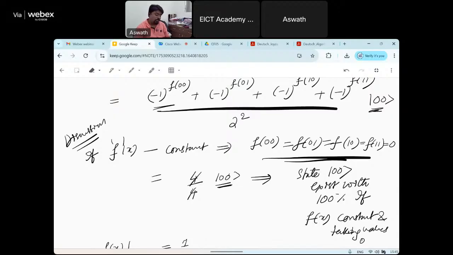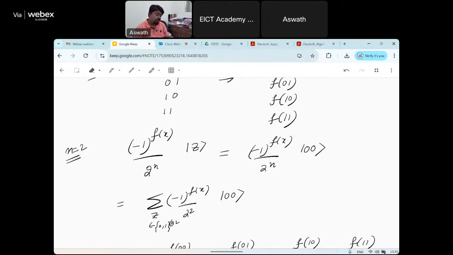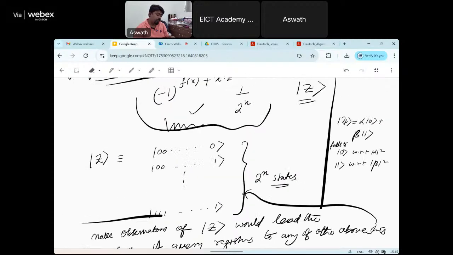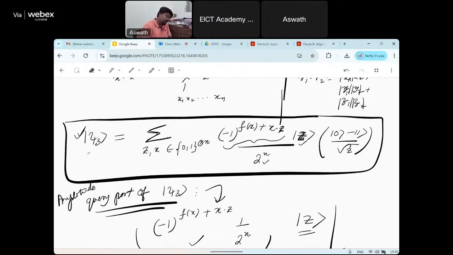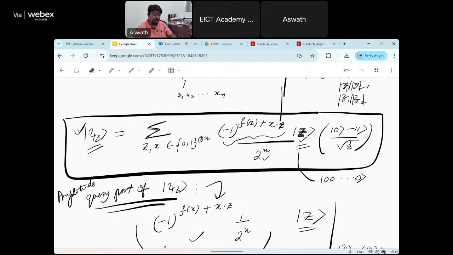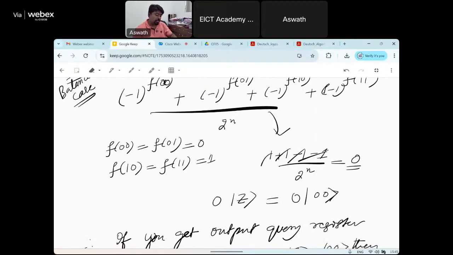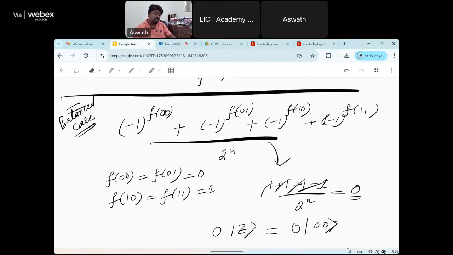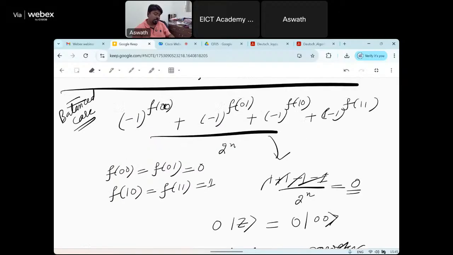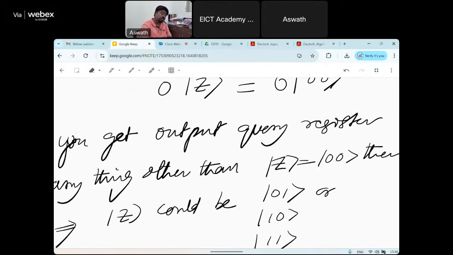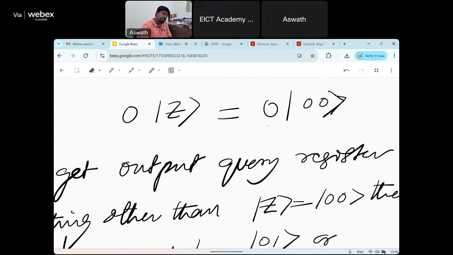So when you make an observation on site 3, if the query part falls to all zeros, straight away you can conclude that the function is constant. If it gets something else, the probability amplitude of zeros is actually 0, which means it is something else.